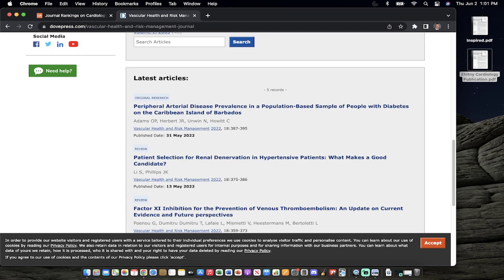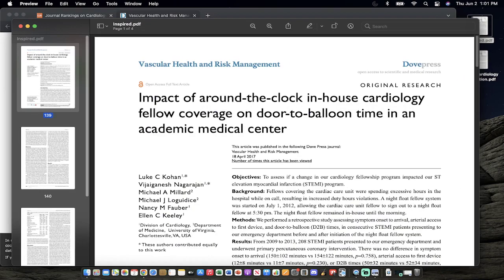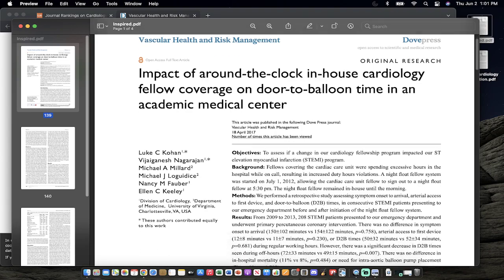In my instance, much like the process that I showed you, in this very same journal I came across a very interesting study called Impact of Around the Clock In-House Cardiology Fellow Coverage on Door to Balloon Time in an Academic Medical Center.